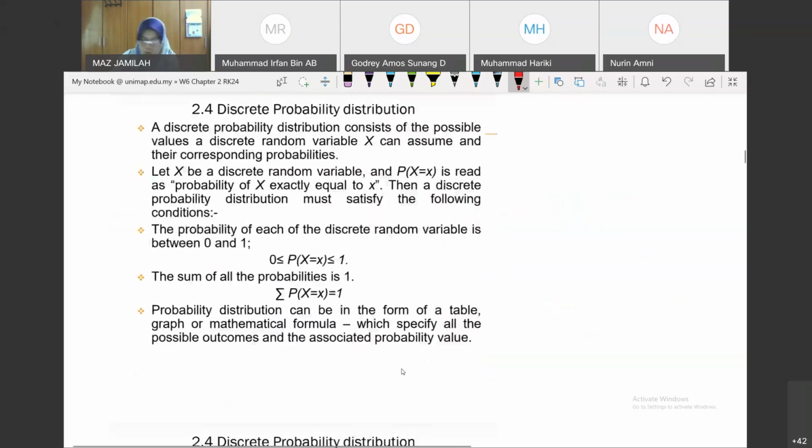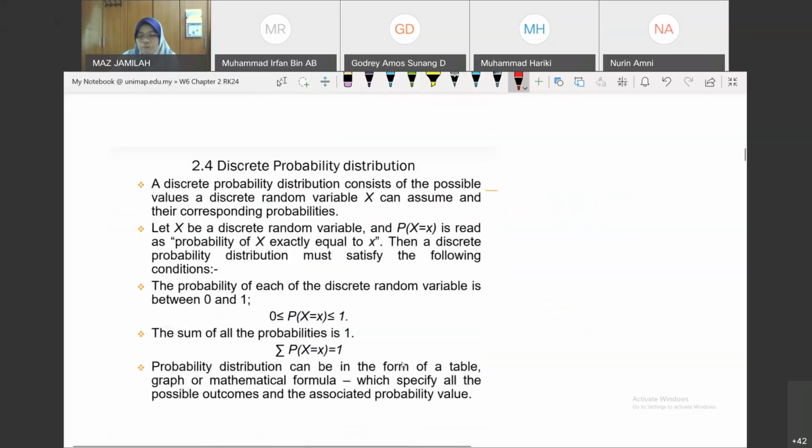Now, let's go into detail on what a discrete probability distribution is. Basically, what we call a discrete probability distribution follows what we have discussed before. A discrete probability distribution consists of the possible values a discrete random variable can assume and their corresponding probabilities. It means that x can be 0, 1, 2, 3, 4, 5, 6 until whatever number.